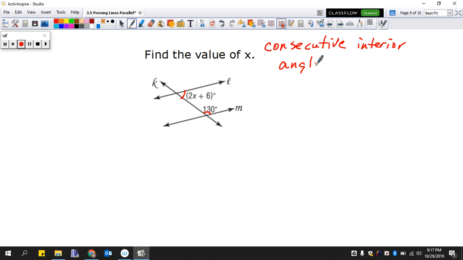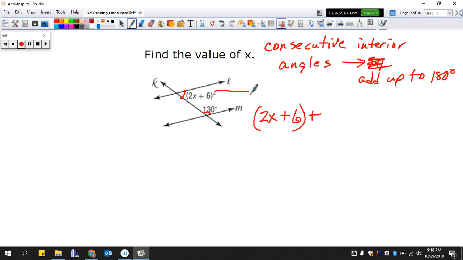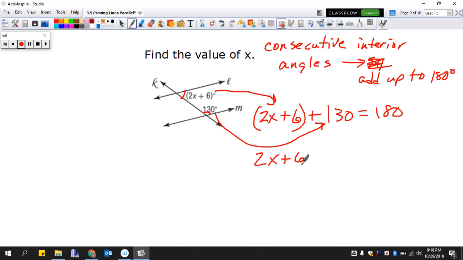I'm just going to say they're supplementary, but they add up to 180 degrees. So we have 2x plus 6, which is this part right here, plus 130, which is from right here. All that is equal to 180 degrees. We don't really need the parentheses. We can just say 2x plus 6 plus 130 equals 180.